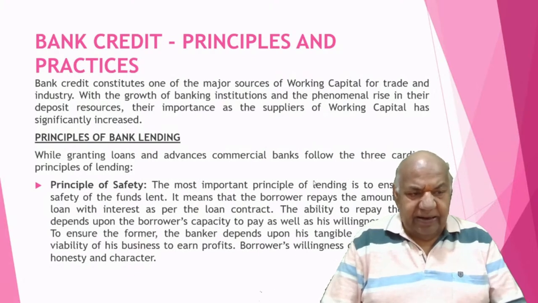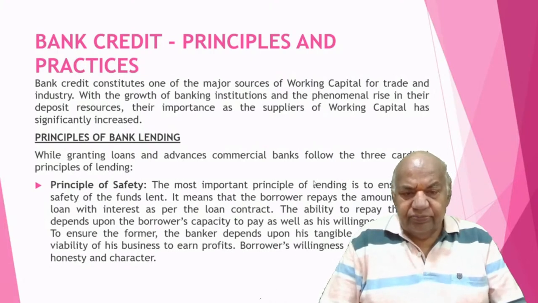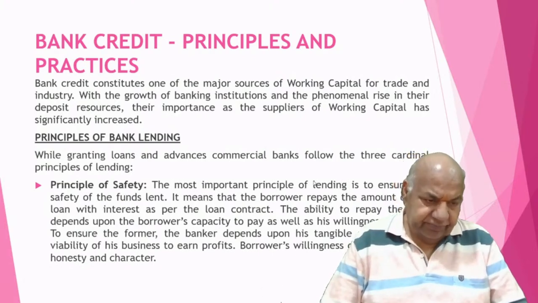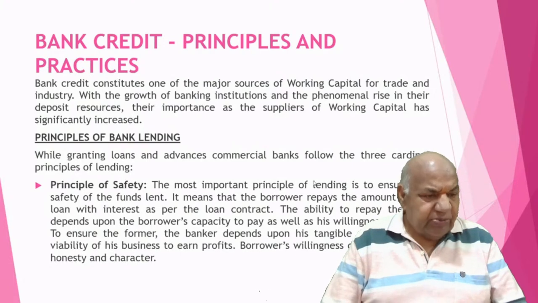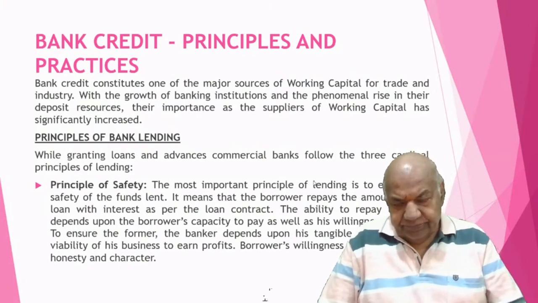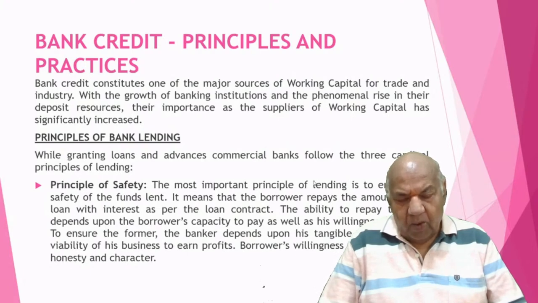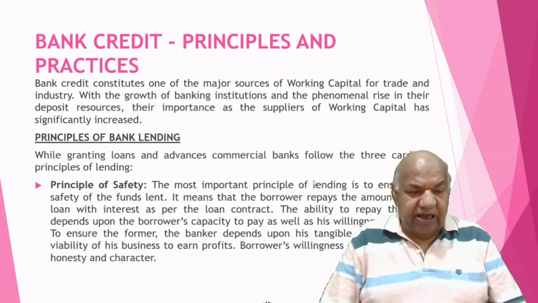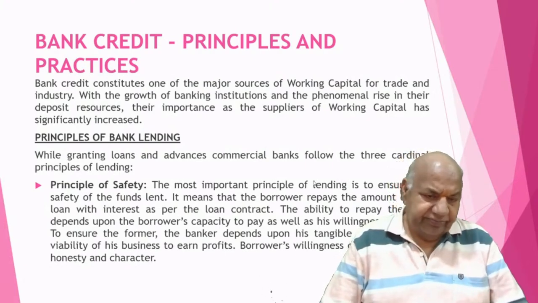Principles of bank lending. While granting loans and advances, commercial banks follow the three cardinal principles of lending. The first principle is principle of safety. The most important principle of lending is to ensure the safety of funds lent.